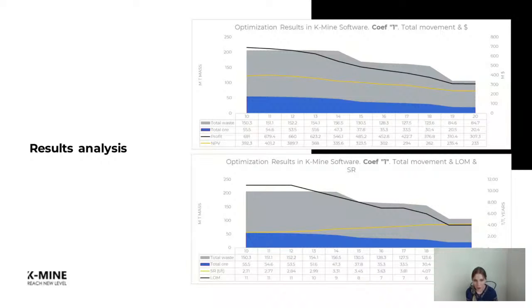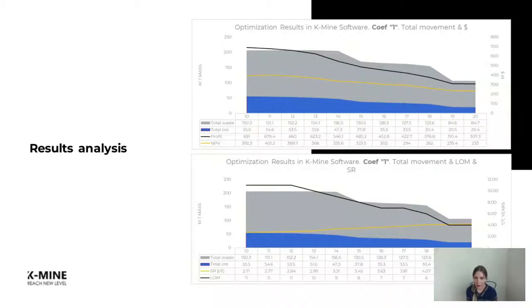And this is important: the life of mine varies from 11 to 4 years. This is the proof that this indicator is the most important for detailed analysis and requires constant and close attention. And what would happen in case of incorrect choice of cutoff grades we already considered today, and this is a good example.